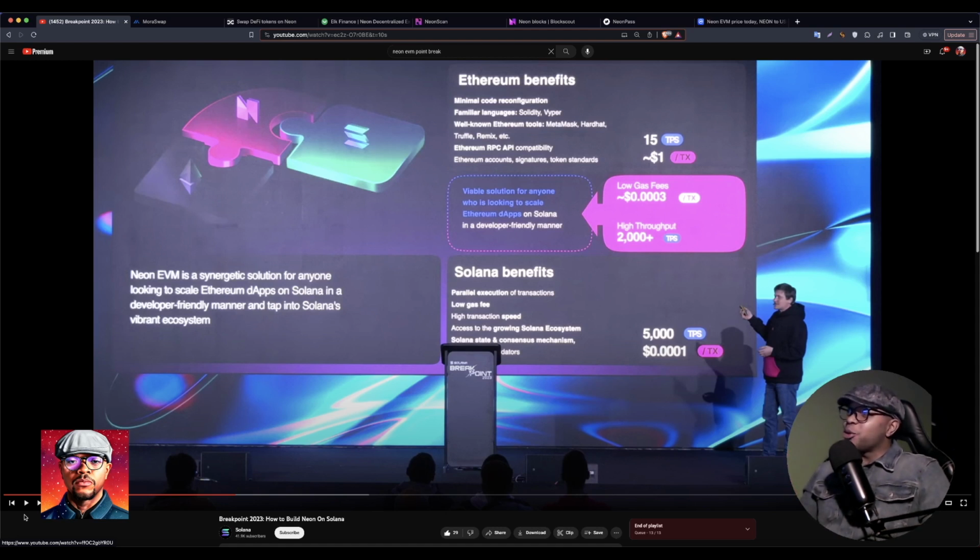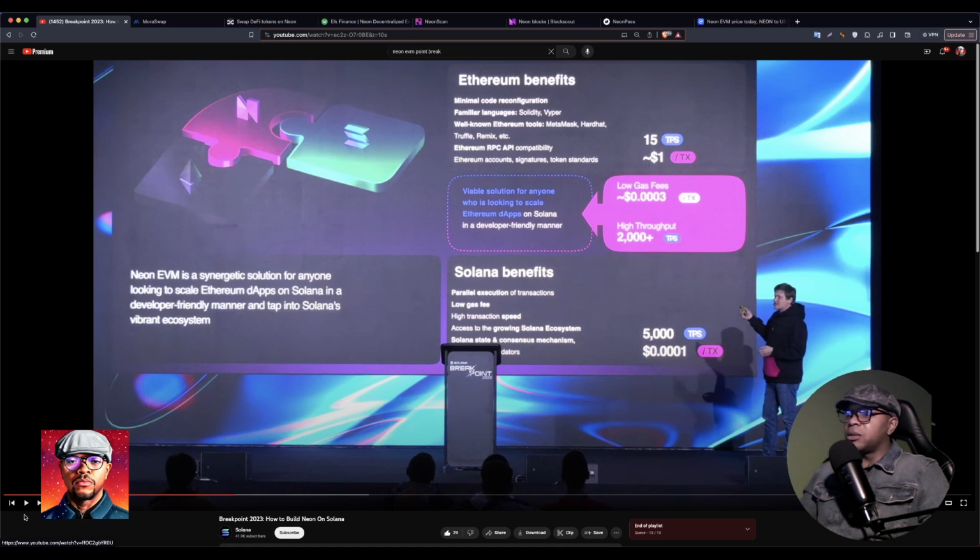So if you will, Neon is in a way pretty much an Ethereum version of Solana. Well, it's more than that, but at a high level, that's how I would describe it.